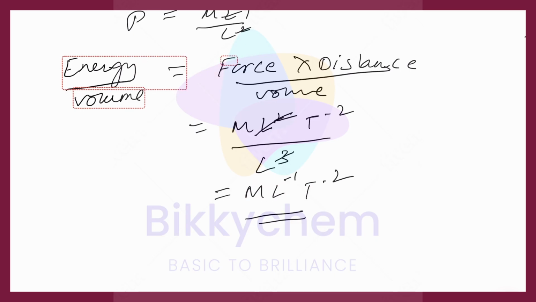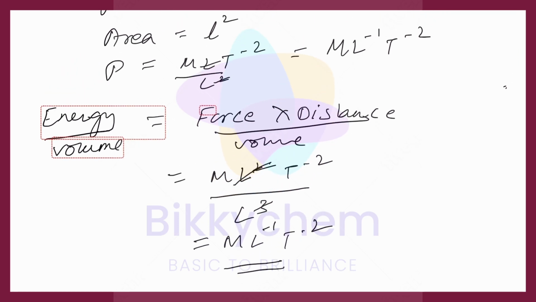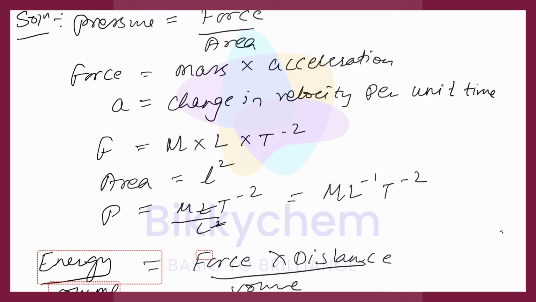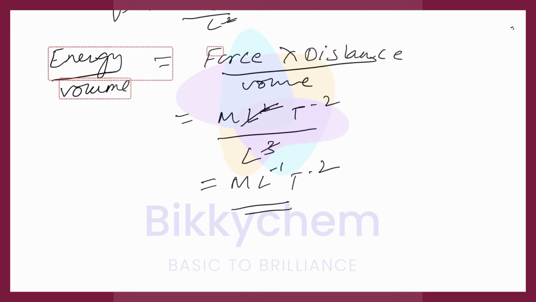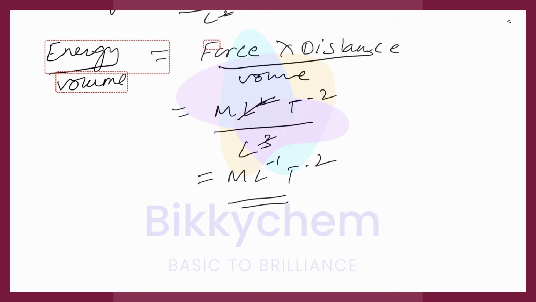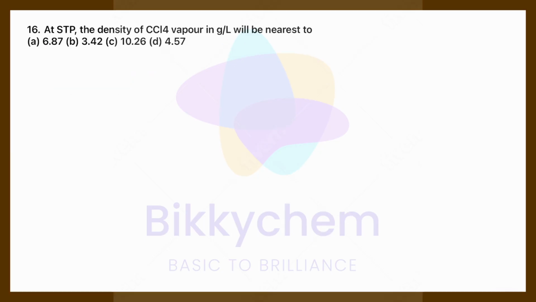Now if you see this one, energy per volume and the force per area, that is pressure, is coming same as that of the energy per volume. So that's why the option is B. Okay dear student, let's see the next question.